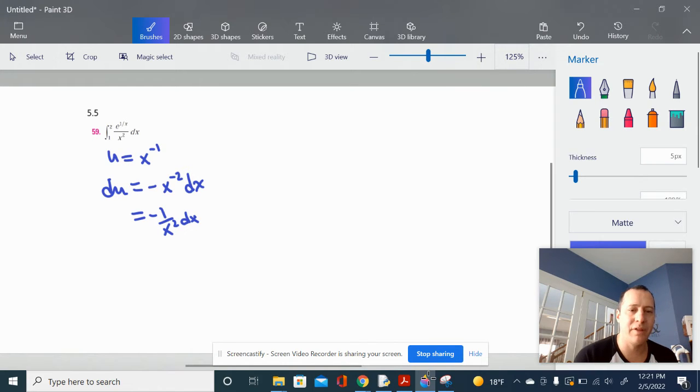And so that's perfect. This u, which is inside of the exponential, the 1 over x, its derivative has this thing that is also present in the integrand. And that's how you know your substitution is working.